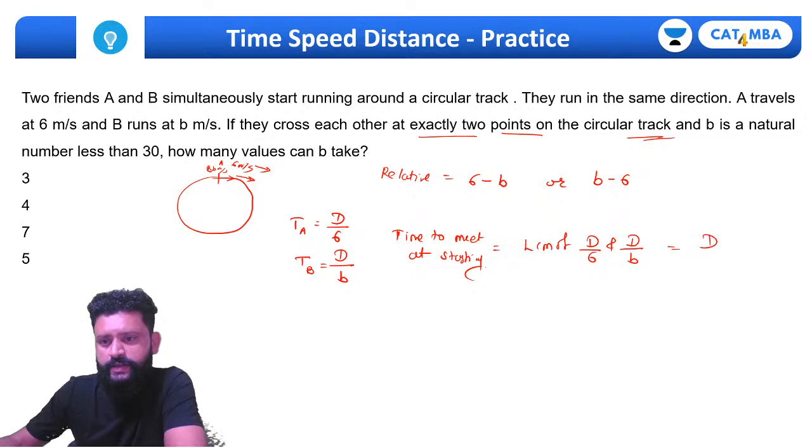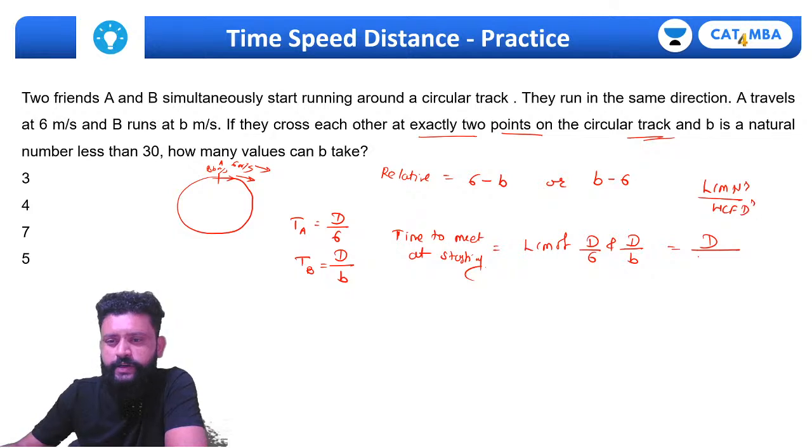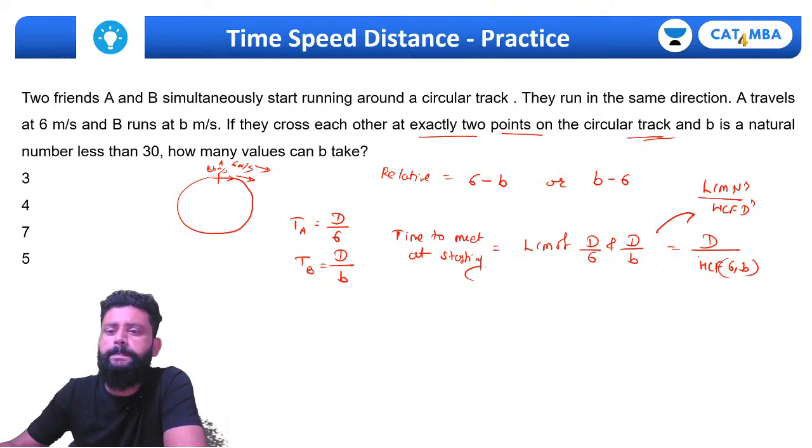It comes out to be d upon, if we need to take it, you all know that LCM of fractions is LCM of numerator divided by HCF of denominator. So it will be HCF of 6 and b. Right? So you know this one.